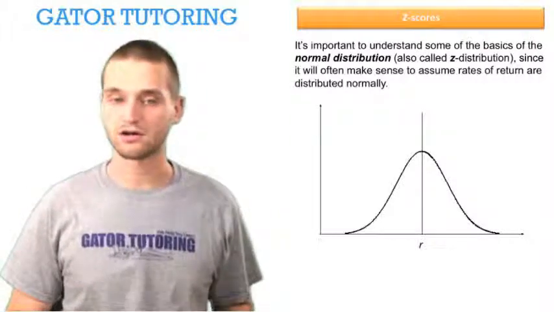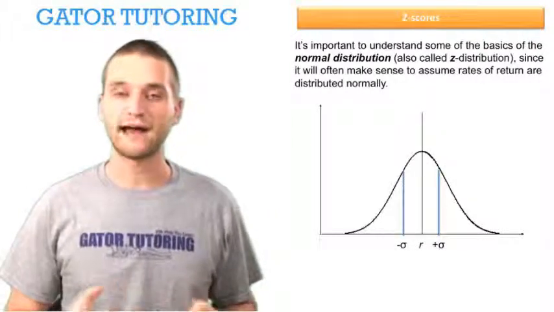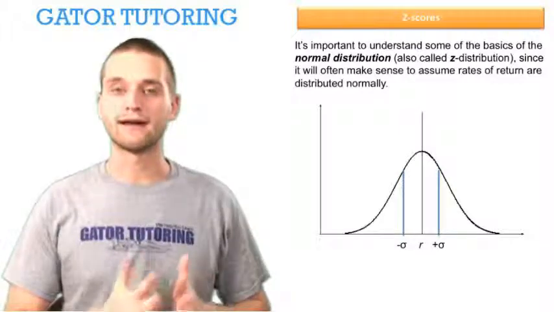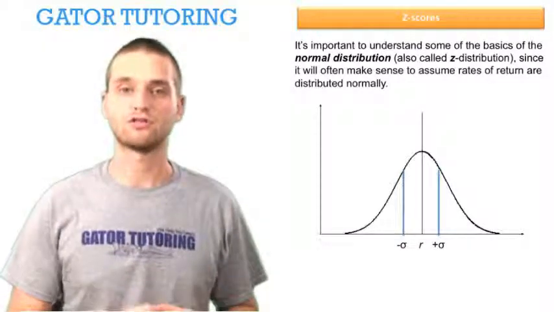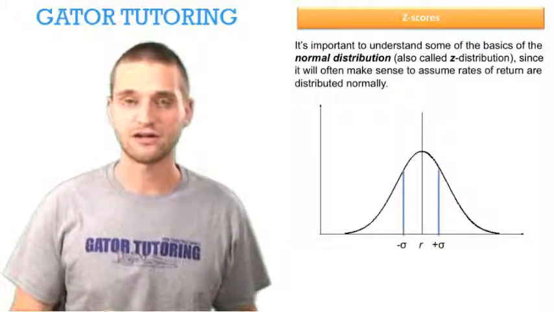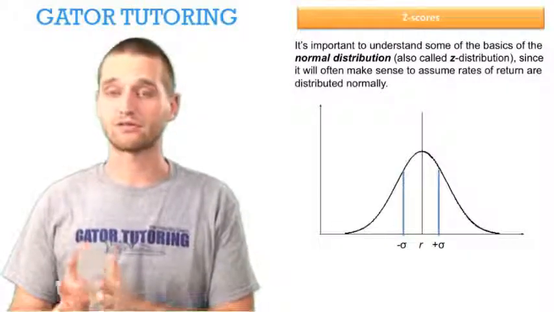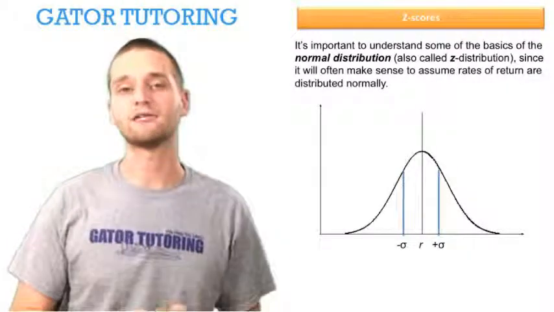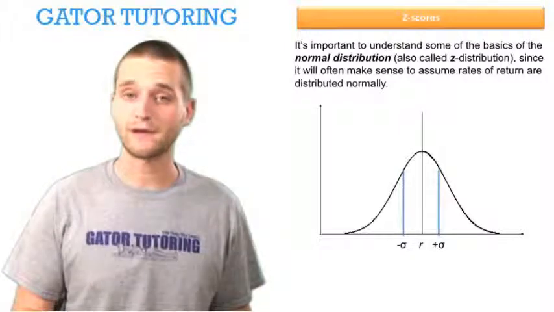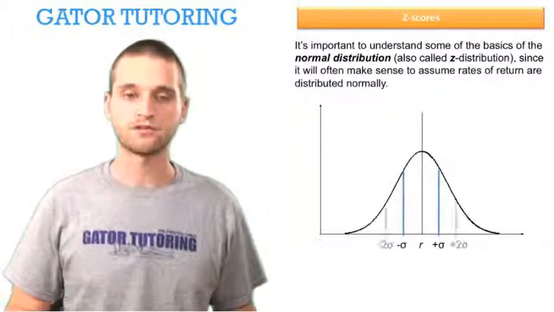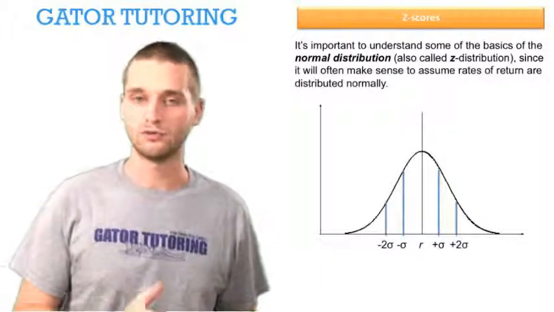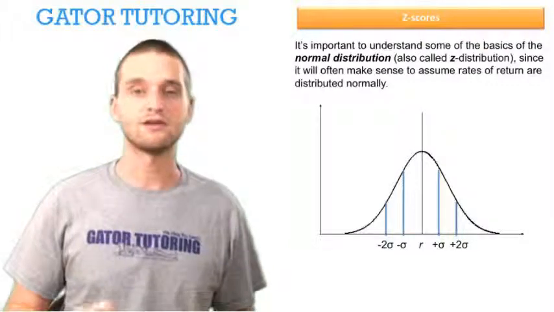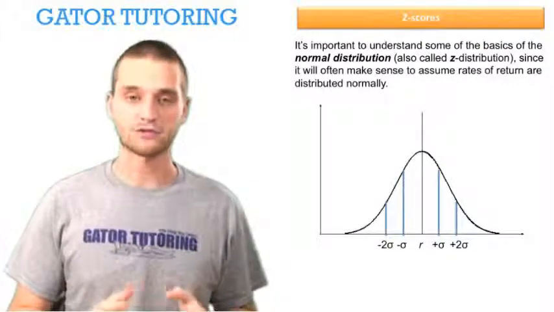We'll call that R. And then as we move out by standard deviations, the units on the x-axis are the standard deviations that a certain point, a certain rate of return, is away from our average or mean or expected rate of return R. And so as we move farther and farther out, you can move out incrementally, either positively or negatively, away from that average return.